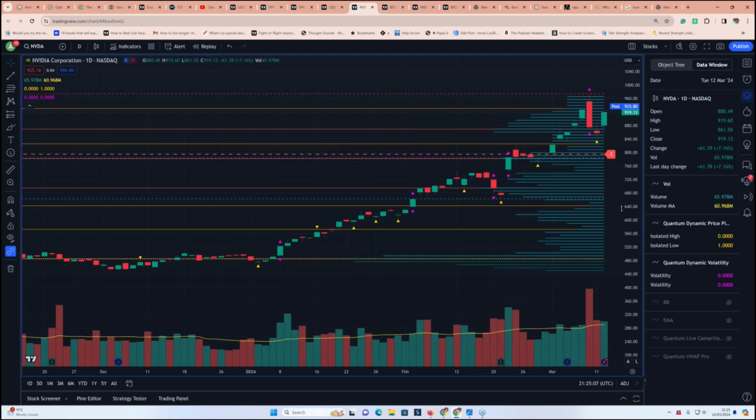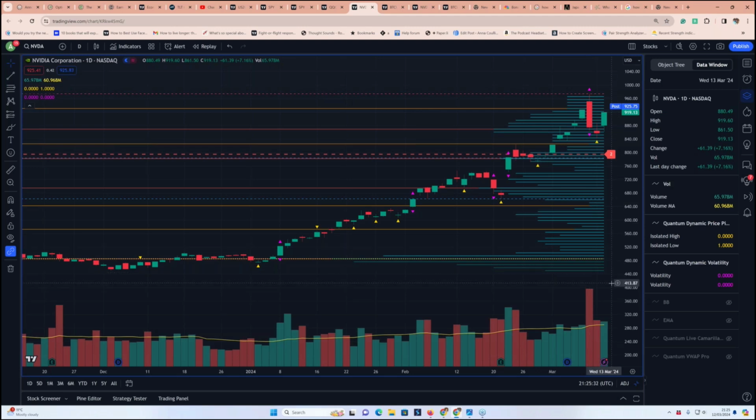Now, this is Friday's candle. Bearish engulfing candles are very strong candles when you see them, especially on the slower time frames, and accompanied by high volume, which we see here. But it's what happens next, and what happens over the next 2 to 3 sessions.